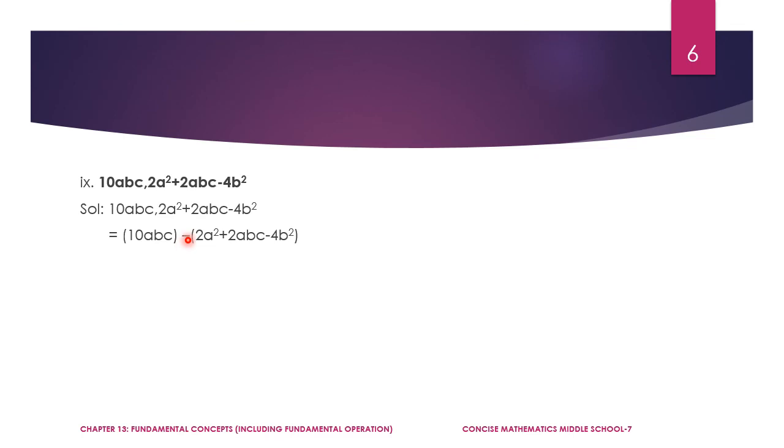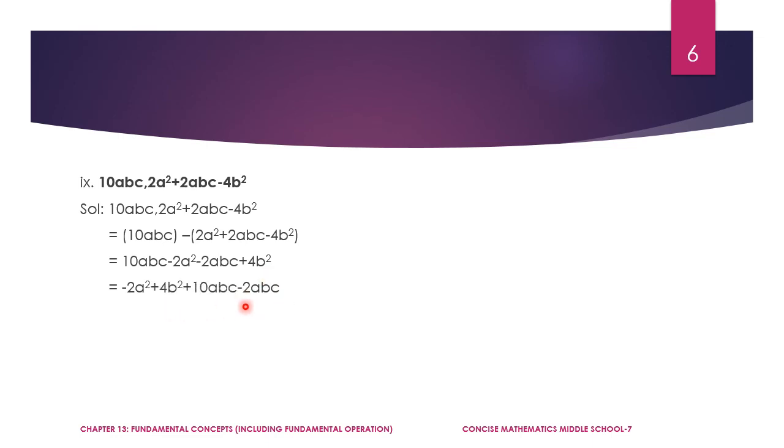Now we have to multiply this minus inside with each term. So this minus should be multiplied with all three terms and you will get 10abc written as it is. Minus into plus is minus 2a square, minus into plus is minus 2ab, minus into minus is plus 4b square.